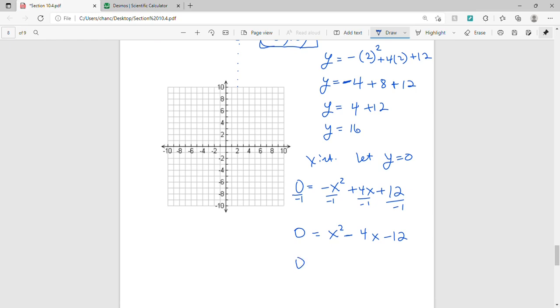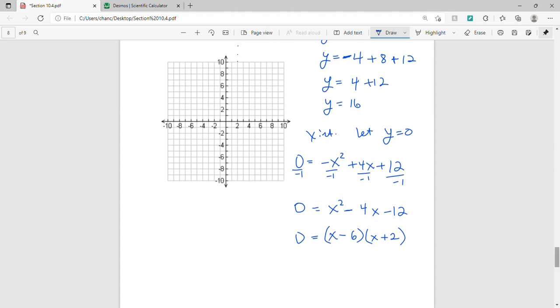But now I can factor this with the diamond technique, right? The leading coefficient has to be positive for the diamond technique to work. So this factors as x minus 6 times x plus 2. So that means we have two x-intercepts.